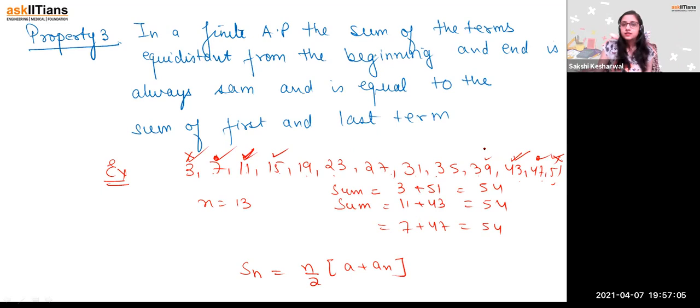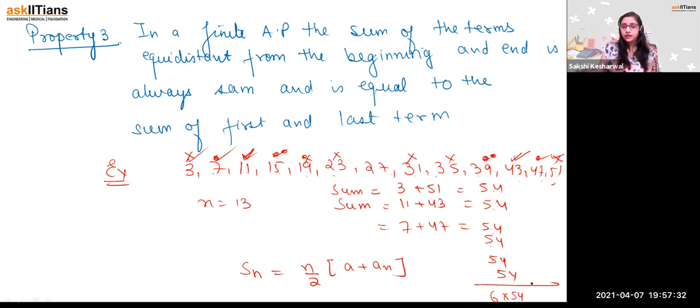If you add this and this, it will be 54. Then add this and this, it's again 54. Add this and this, again 54. And then at the last step you have 27. So if you count, 1, 2, 3, 4, 5, 6, it is 6 times 54.